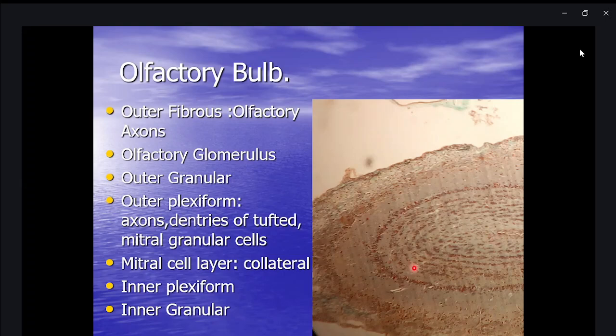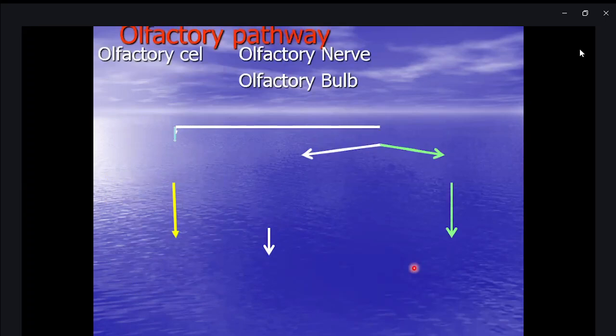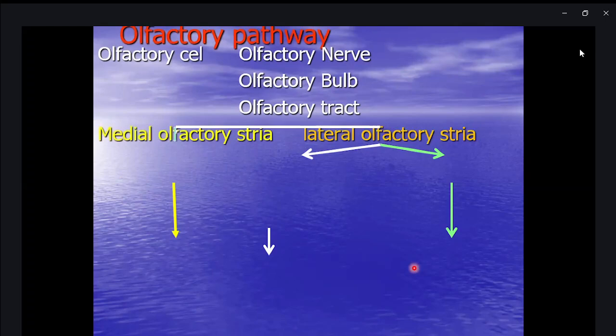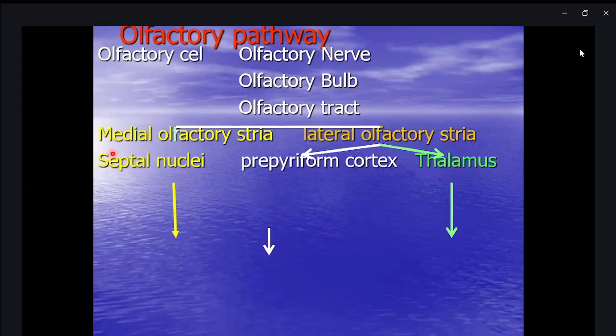Then from the olfactory bulb, if you remember what we talked about when we were talking about the limbic system, it is divided into two, the lateral olfactory stria and the medial olfactory stria. The medial olfactory stria projects to the septal nuclei. The lateral olfactory stria projects to the piriform cortex, that's in the temporal lobe, and also the thalamus.